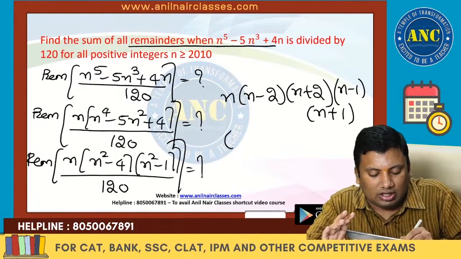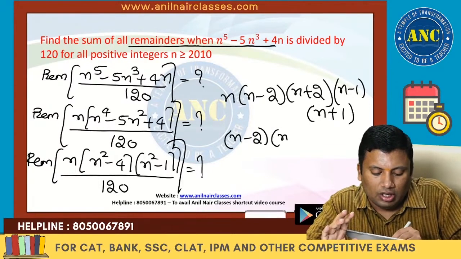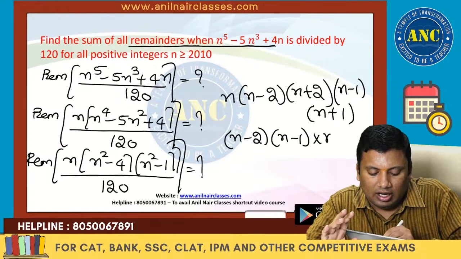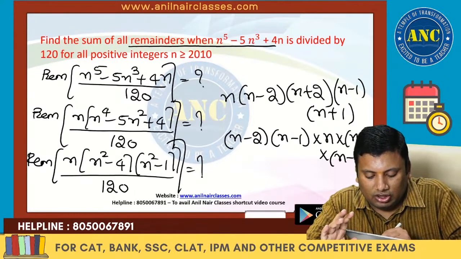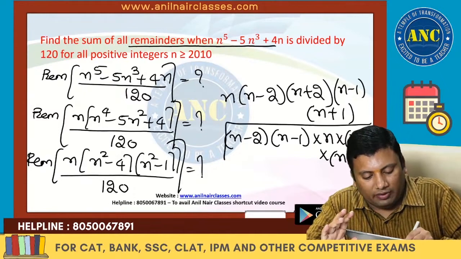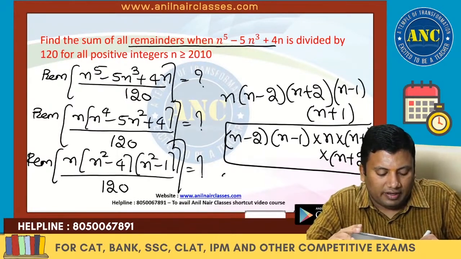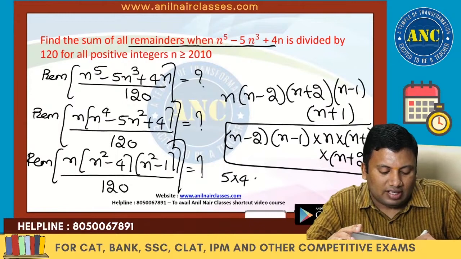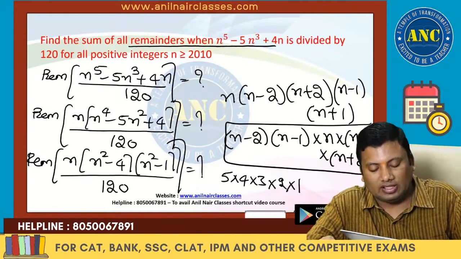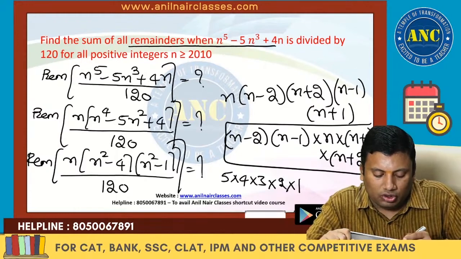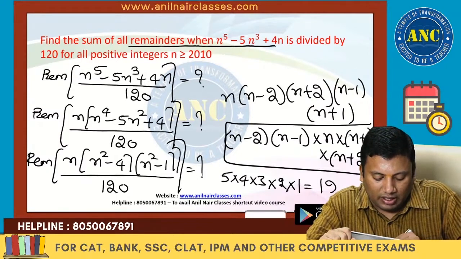So this is nothing but n minus 2, n minus 1, n, n plus 1, n plus 2. These are nothing but 5 consecutive integers. 5 consecutive integers are always divisible by 120. If I take n value as 1, 1, 2, 3, 4, 5, this is nothing but 120.